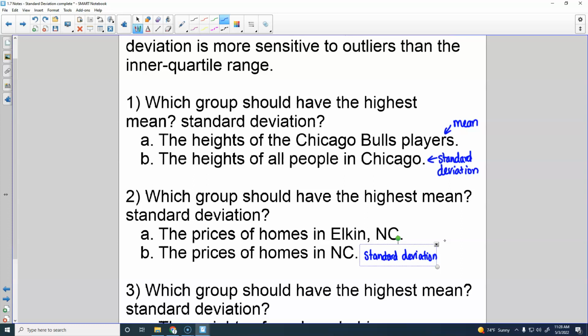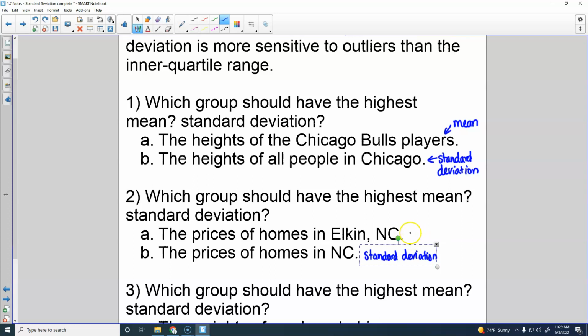Although Charlotte still may have higher overall, I'm talking about a place known for rich people, like the people who live on Lake Norman. Mooresville in general is probably going to have a little bit higher than the rest of the state. And parts of Charlotte definitely are, but not necessarily all of Charlotte, because Charlotte has parts that are more affluent and less affluent.